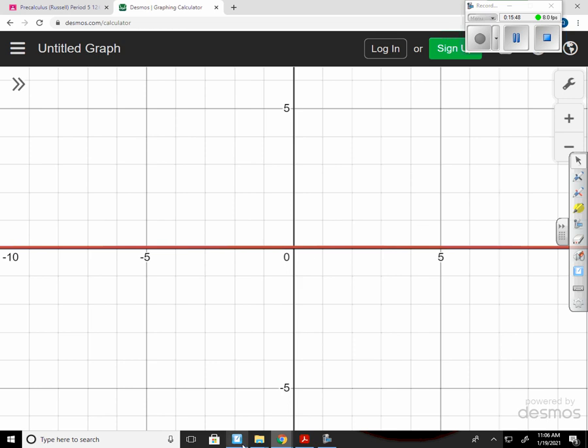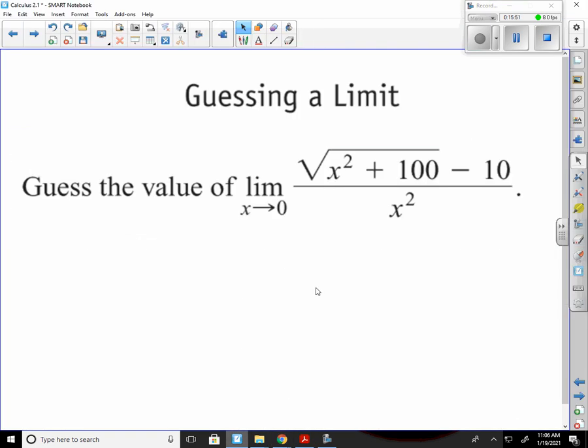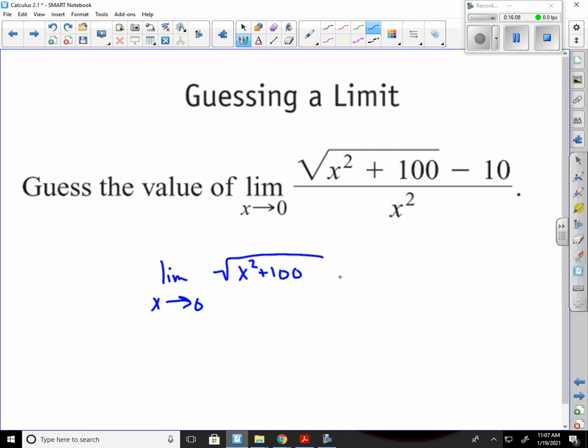So that's going to tell us that our limit as x approaches 0 of the square root of x squared plus 100 minus 10 over x squared equals 0.05. I'm just guessing at that limit. It's not a precise value, but that's what it sure looks like, because it just keeps getting closer and closer to that number.